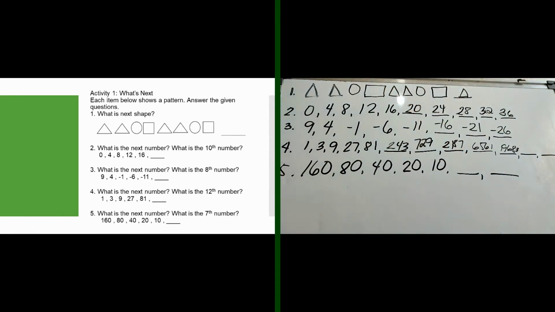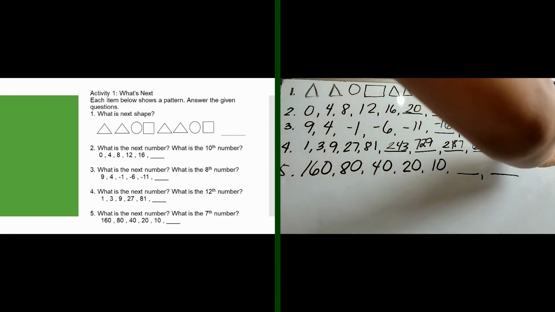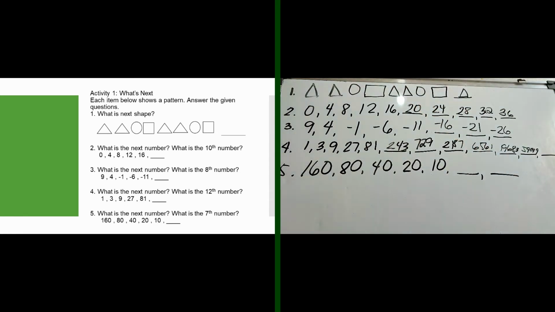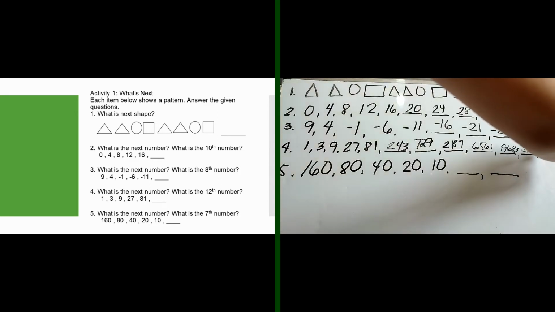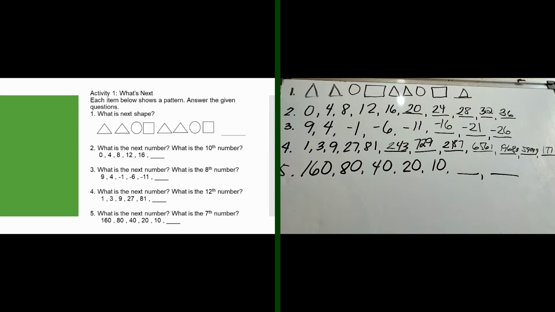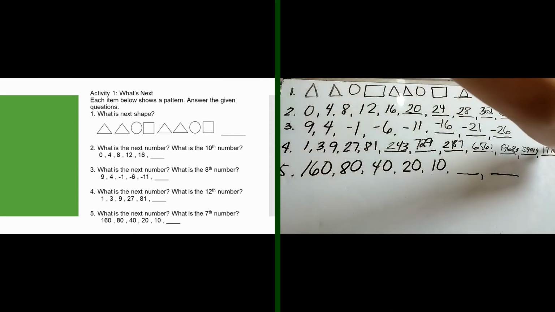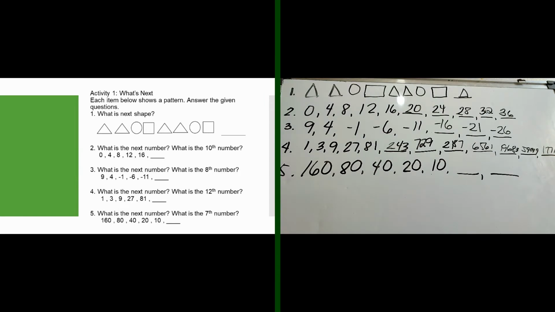And then times 3, we have 59,049. And then the last term for number 4, for the 12th number, will be 177,147. So that will be your final answer.